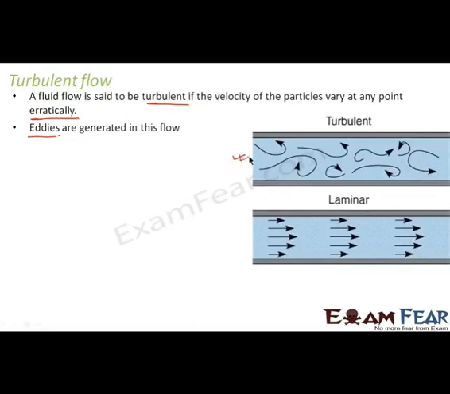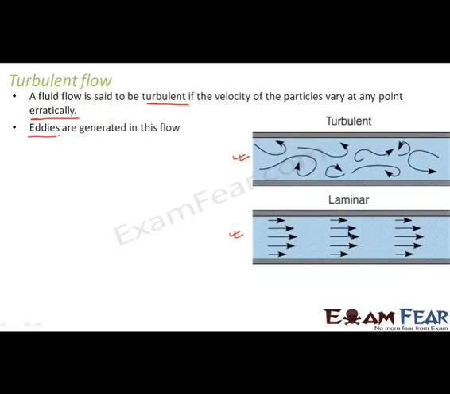Look at this picture, the laminar and turbulent. In laminar flow, you can see that all the particles are moving in paths which are parallel to each other in a proper fashion. That is, at every point all of them have the same velocity, and none of them intersect each other.